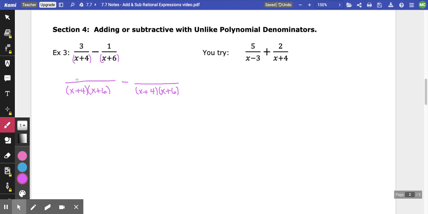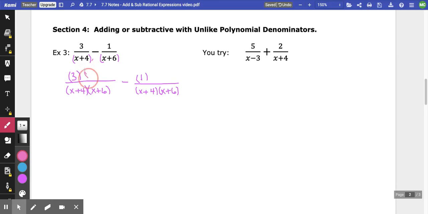Now again, anything I do to the denominator to change it, I have to do the same thing to the numerator. So I'm going to write down the numerators that were there in parentheses, and then figure out what I had to multiply by the first denominator to get my new common denominator. To turn an x + 4 into (x + 4)(x + 6), I had to multiply by x + 6.